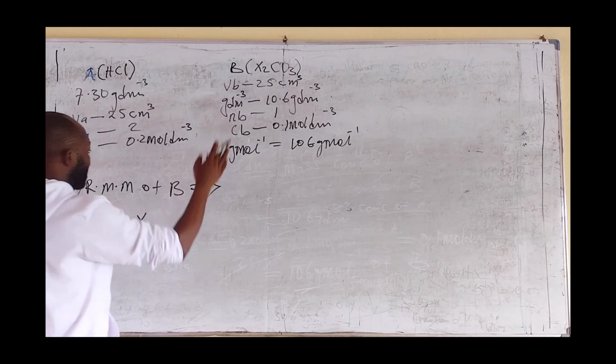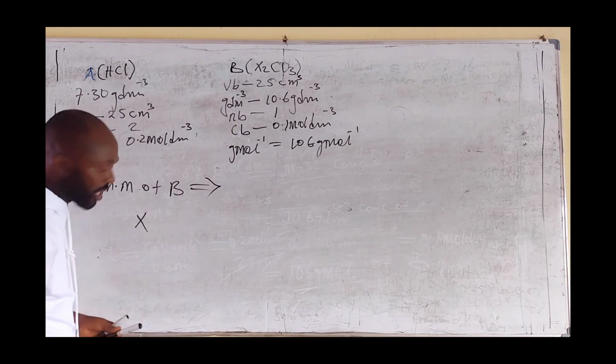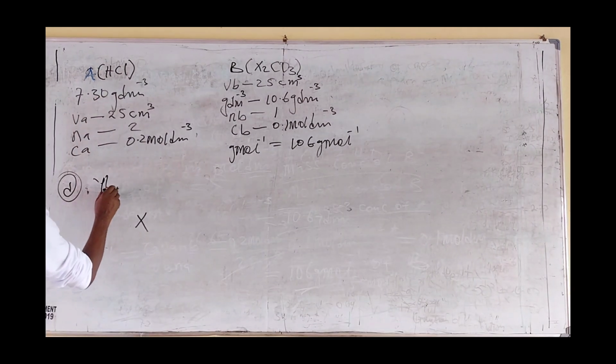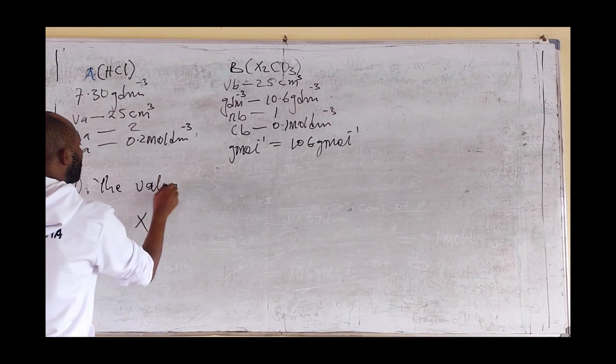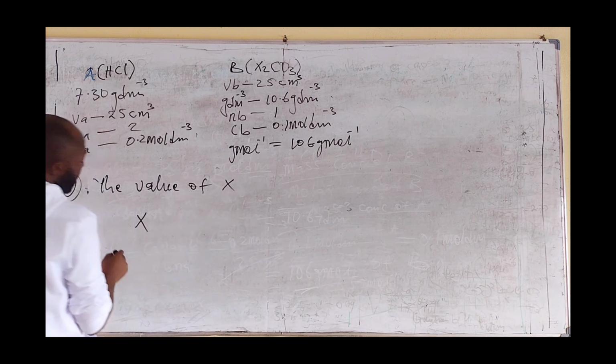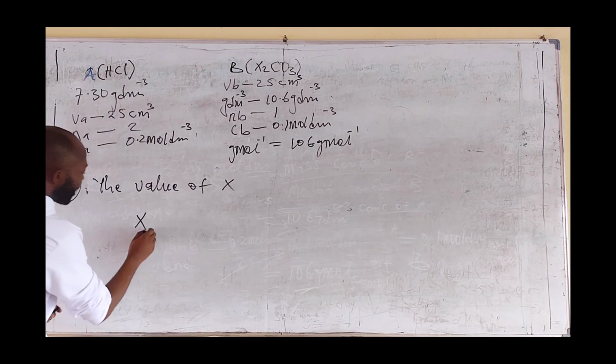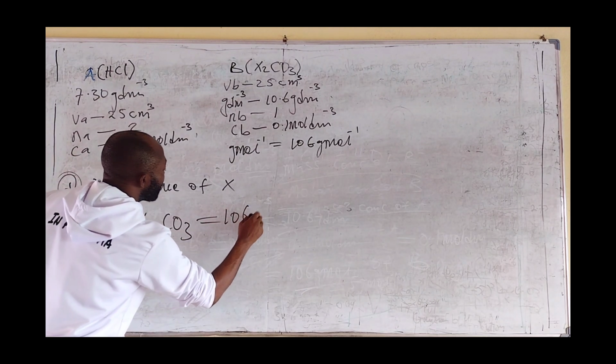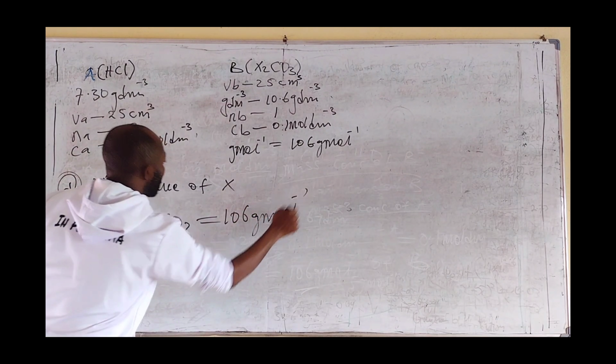We have gotten that, sorry, not relative molecular mass, it is the value of X. So I have X2CO3 is equal to 106 g/mol, which is the relative molecular mass.